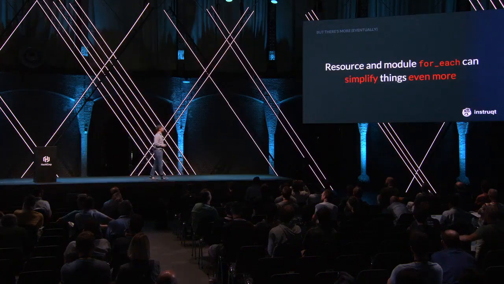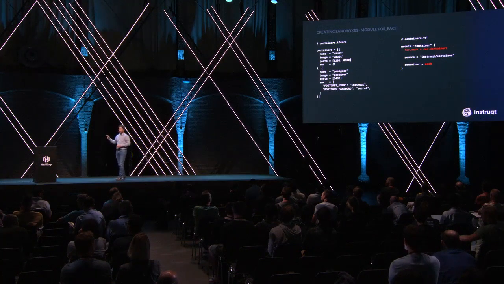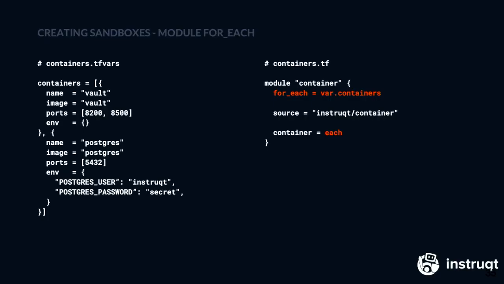But luckily, there's more, eventually, I hope. So resource and module for each can simplify things even more. This is not currently part of 0.12, but it will be released soon, I hope.